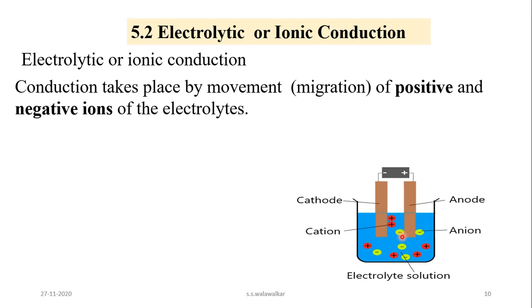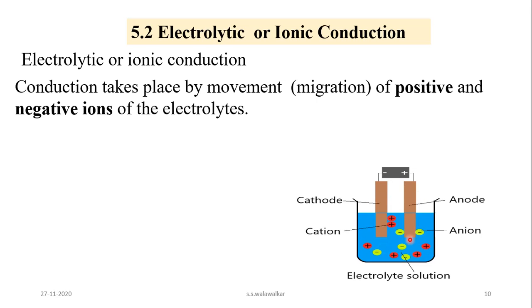Two such unstable chlorine atoms combine and form a chlorine molecule. The electrons lost by chlorine pass through the battery to the cathode, and sodium ions, already present in the electrolyte solution, accept that electron and get deposited on the cathode. So like this, electrolysis takes place.